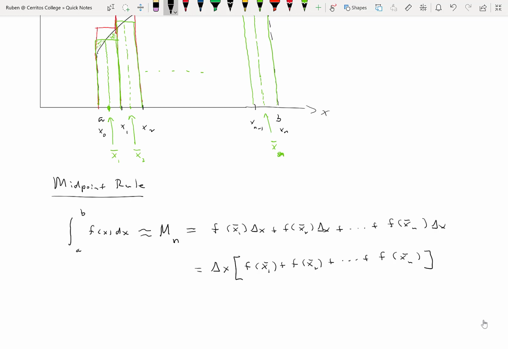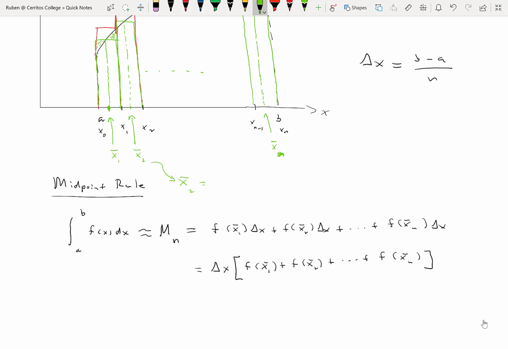The definition of delta x doesn't change. It's the length of each of the subintervals, and it doesn't change through any of these methods. Now there's a formula for the midpoints, x sub i bar. Let's take a look at x sub 2 bar.